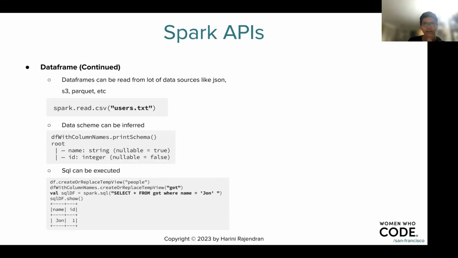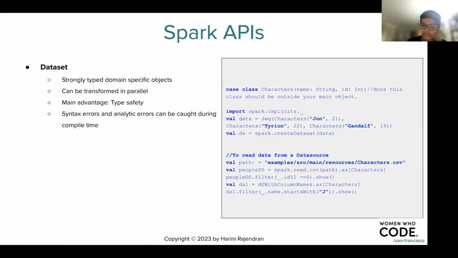The final abstraction Spark supports is called data set. This is even more strict than data frames because here we are also imposing a data type. So it has strongly typed objects, which is not the case in data frames.